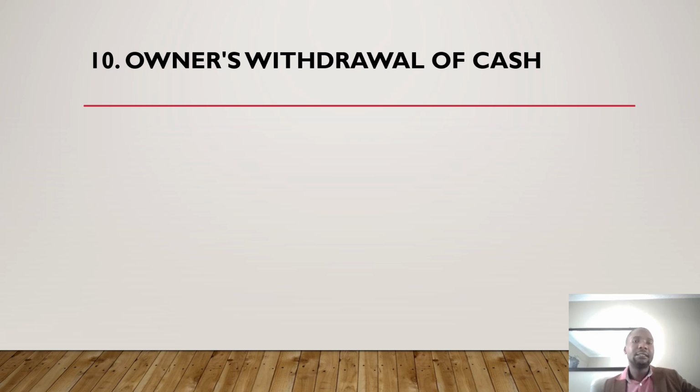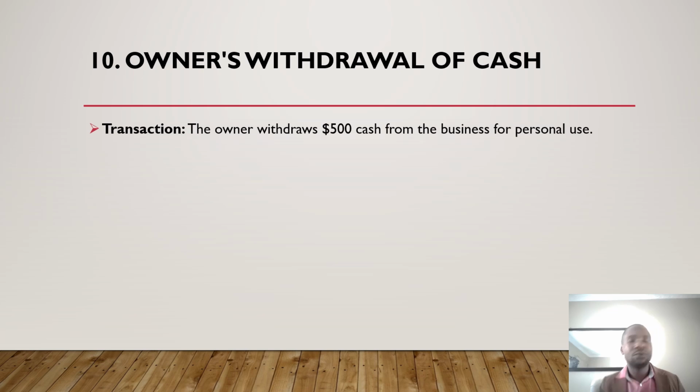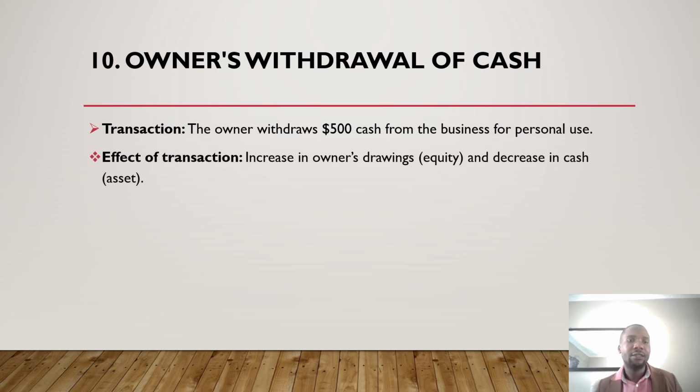Now, supposing an owner withdraws some cash for personal use. So the owner withdraws $500 from the business for personal use. This money is moving out of the business. Okay. So the effect of this transaction is that there will be an increase in owner's drawings, which is part of an equity account.